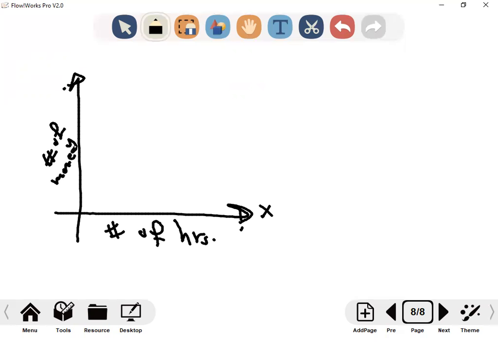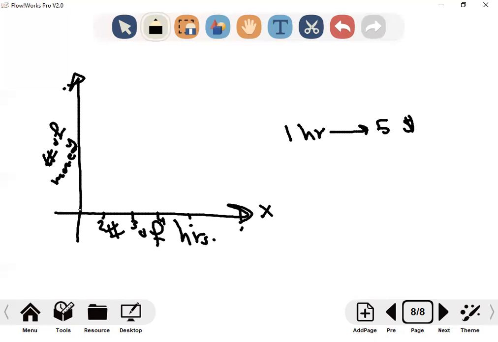We are assuming that you are working by the hour. If you work 1 hour, you get $5. I'm assuming only. Assume that you do 2 hours, 3 hours, 4 hours, 5 hours, and so on.